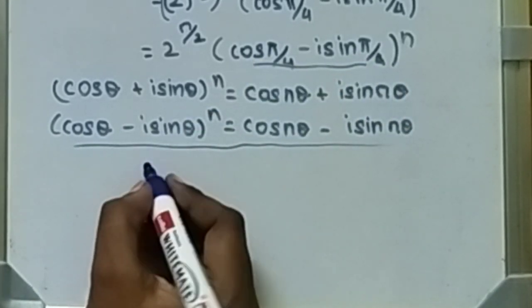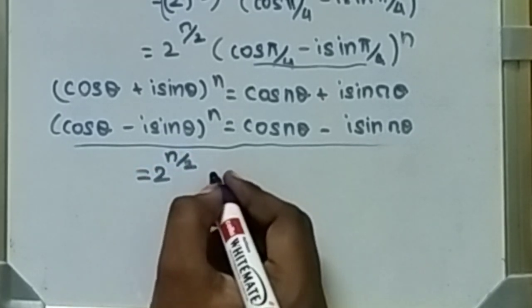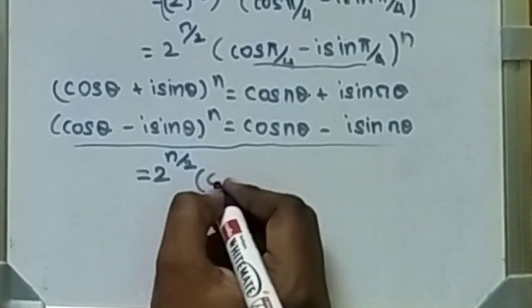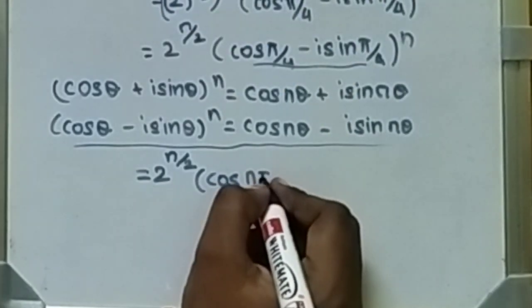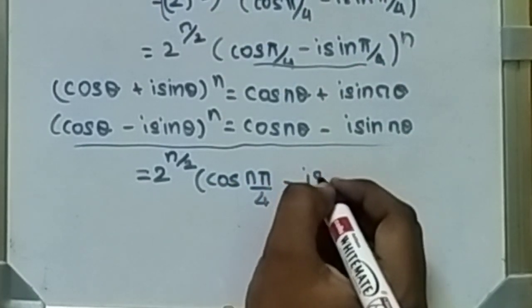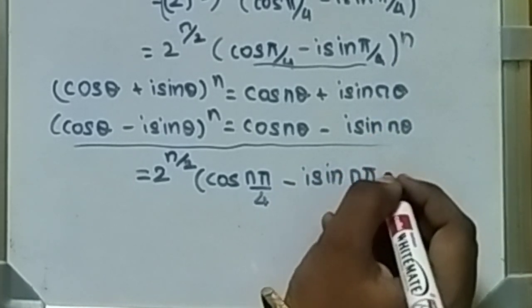So we are going to apply this formula here. It will become 2 power n by 2, which will be similar, and cos pi by 4 becomes cos, what is the power here? n. So it will become n pi by 4 minus i sin, what is the power here? n pi by 4.